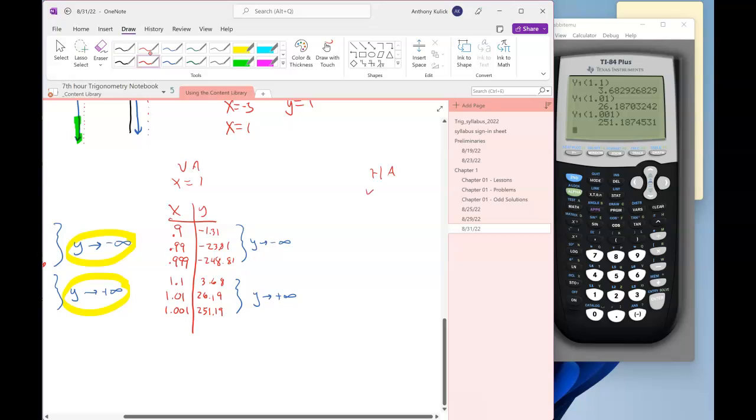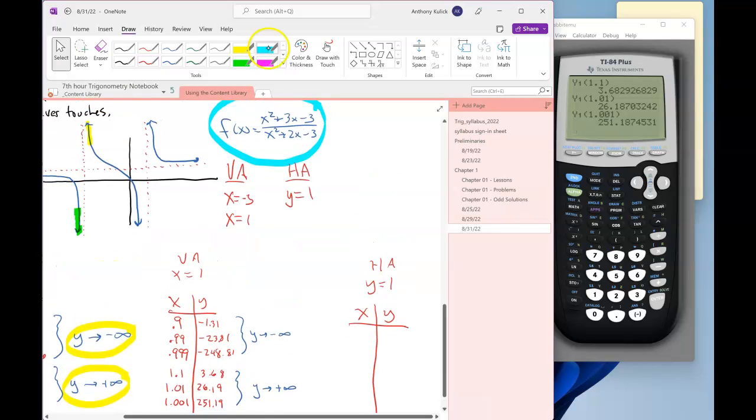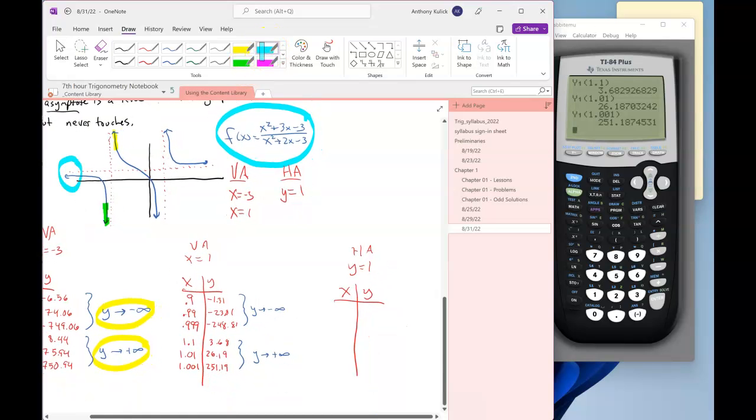What if I'm doing a horizontal? What part of my graph am I going to try to be building a table for on my horizontal? I want those parts of the graph. What are the x-coordinates doing at those parts?